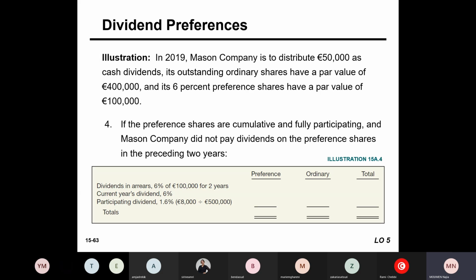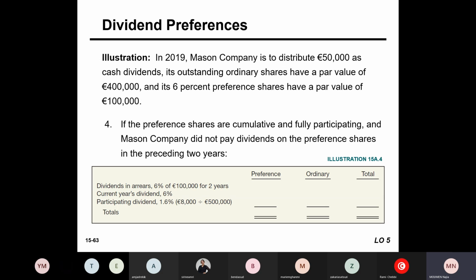If we now consider all of these scenarios in one, we have cumulative, fully participating, and also two years of dividends in arrears. So preference shareholders will receive as a priority the two earlier periods' dividends, then the current period, and then we pay the ordinary shareholders the current period dividends.